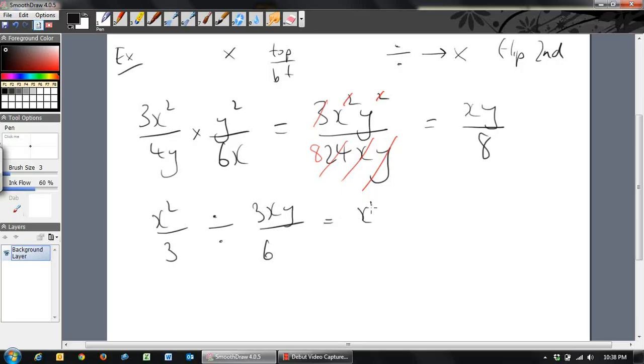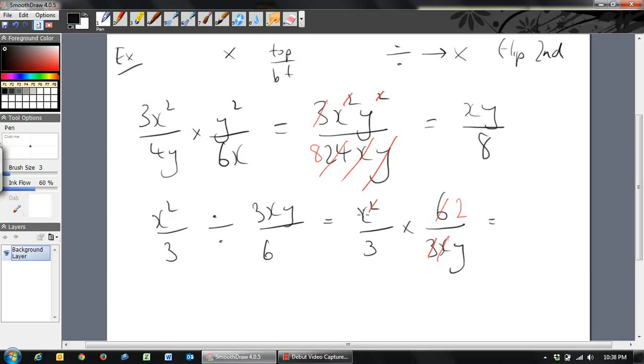So that's equal to x squared over 3 times 6 over 3xy. Let's do what I didn't do last example and do some cancelling before we go any further. We've got an x squared there and an x there, so we'll get rid of that, the squared there and the x there. We have a 6 and a 3 here, so we'll cancel that 6, cancel that 3, and put a 2 up here.